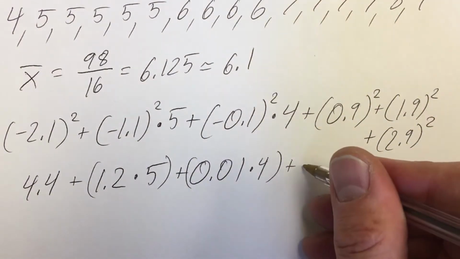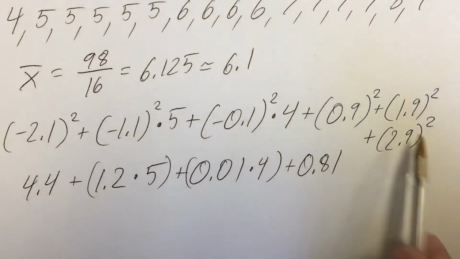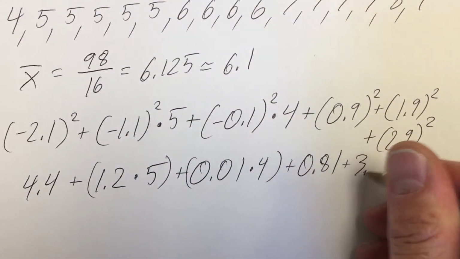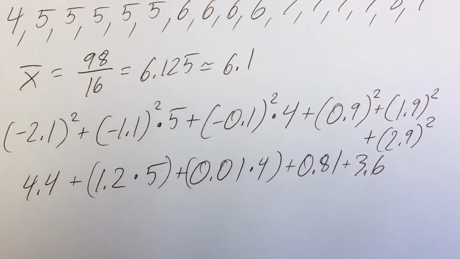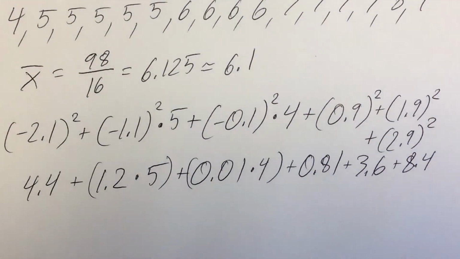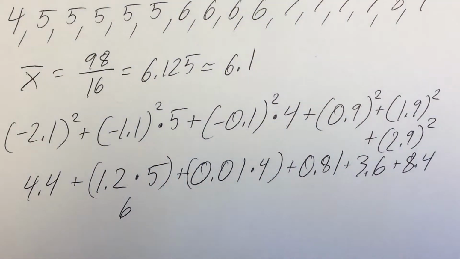0.9 squared would be 0.81. And 1.9 squared would be 3.6. And the last number, 2.9 squared, would be 8.4. 1.2 times 5 would be 6.